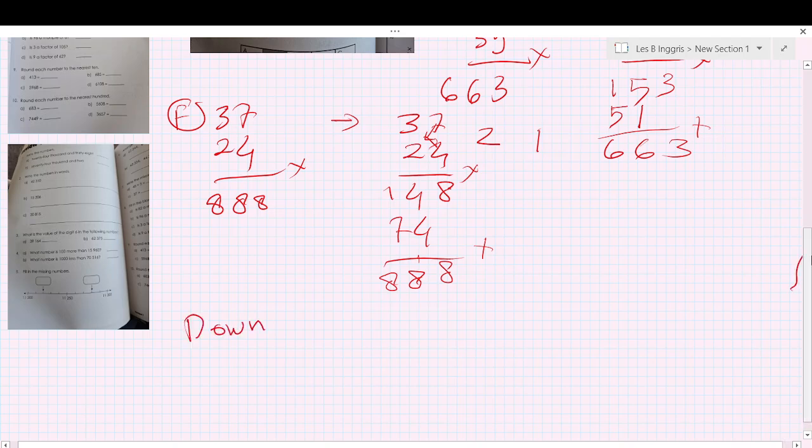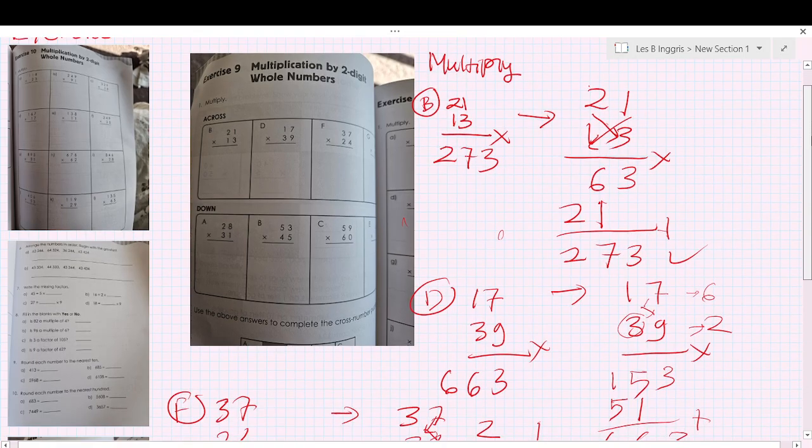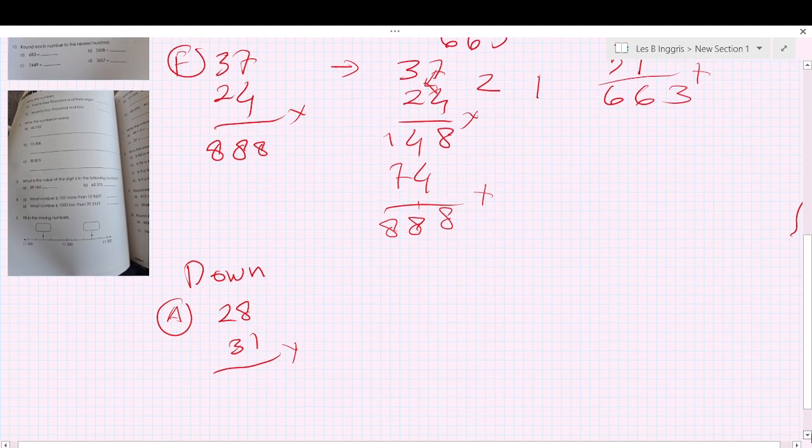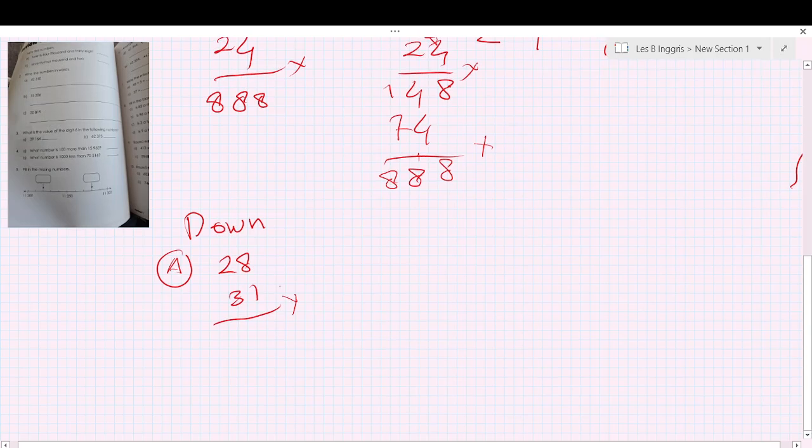28 times 31. Do you get it already? Yeah. What is the answer?